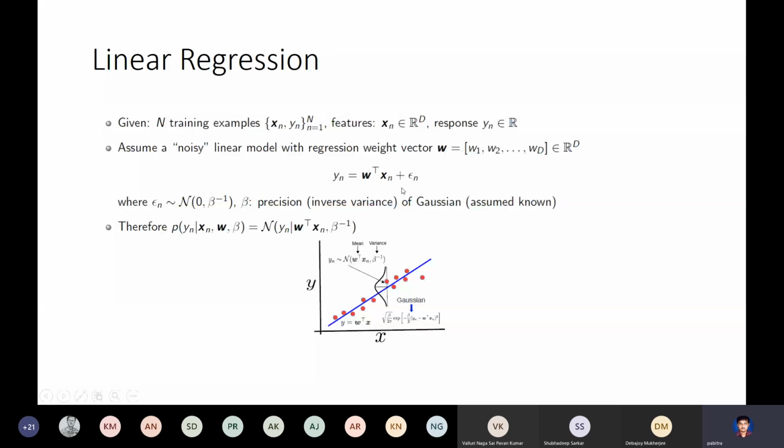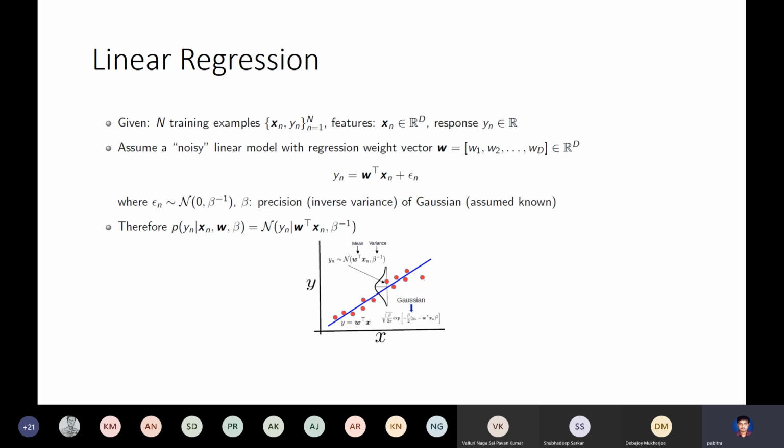So w transpose xn. Note that there is no probabilistic part in this first term. Xn is a given fixed value. W transpose is also a constant, so there is no probabilistic part in the first part, whereas the noise part is a random variable.